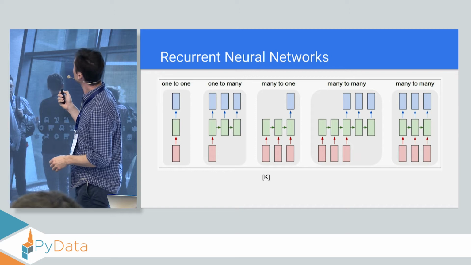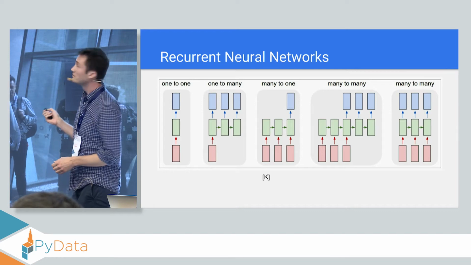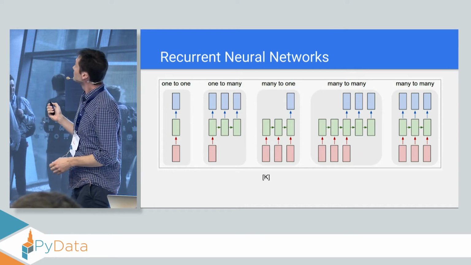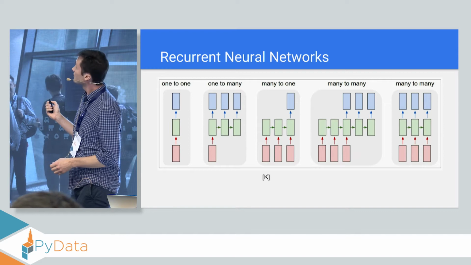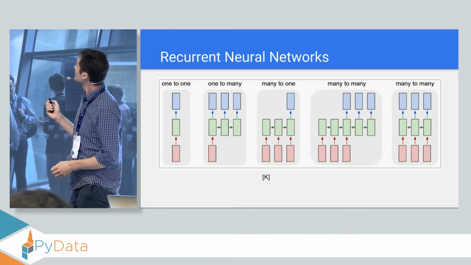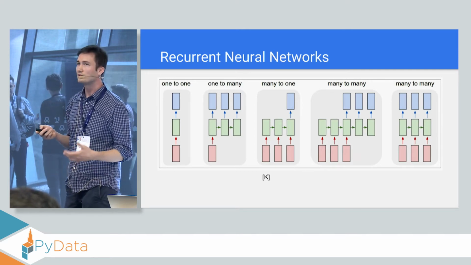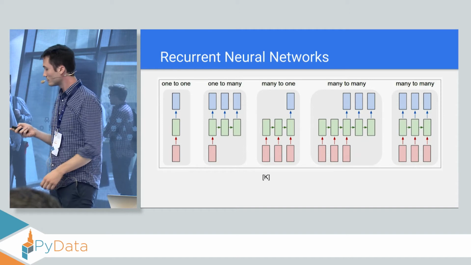In a recurrent neural network, you have input fed into a hidden layer, a hidden layer which depends both on the current state and also on the previous state of the network. That then produces an output: an output classification, prediction, generated text, and so forth.